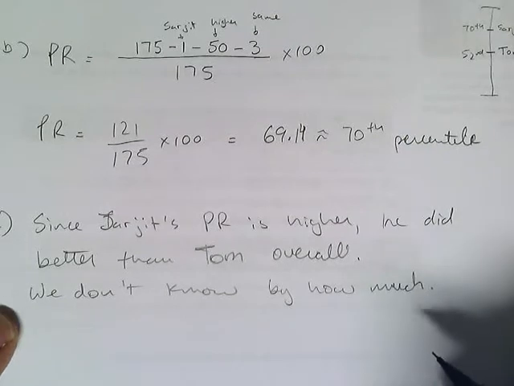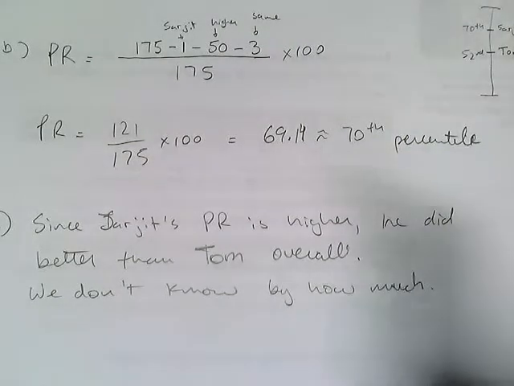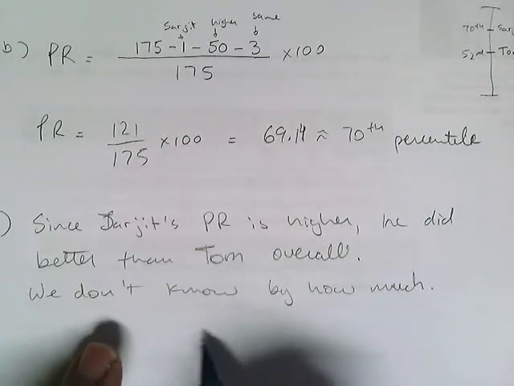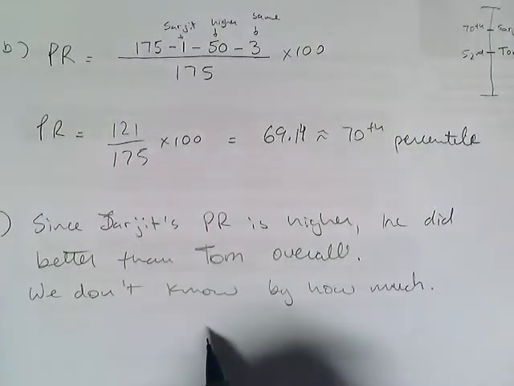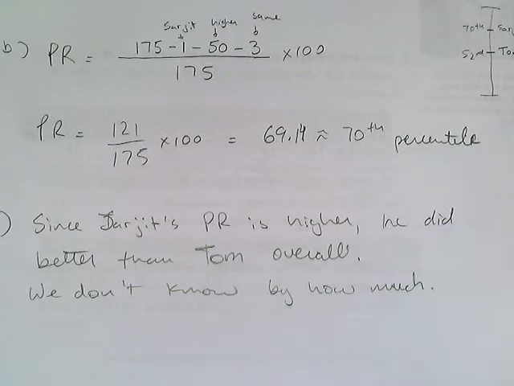Okay, we don't know, did he do 10% better, 5% better, was it just 1% better? Because sometimes the values can be so close together, but you still have to count them as lower, right?